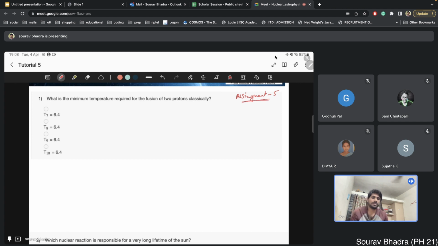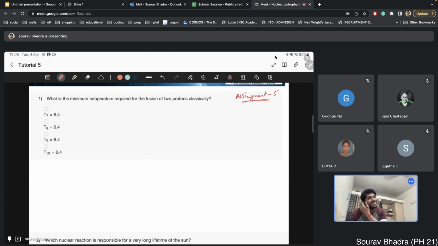If it is an easy problem, then it is my duty to go through those problems because I cannot oversee that. So, what is the minimum temperature required for the fusion of two protons classically? How will I calculate it? Can any one of you tell me the procedure, which step after which?